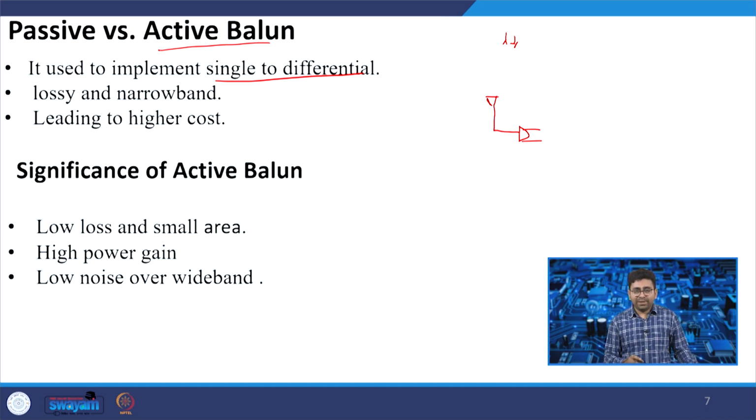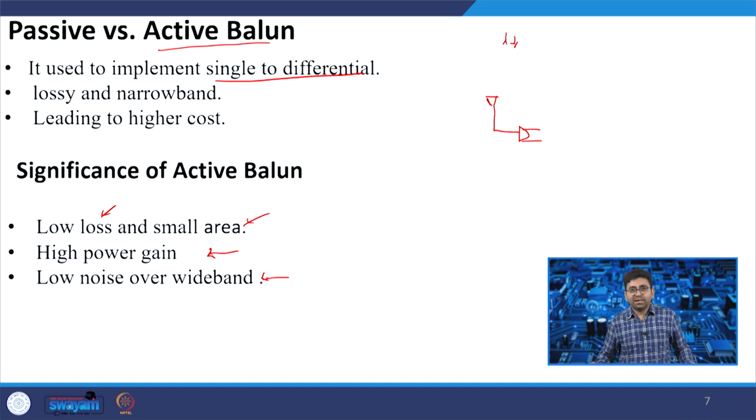So that is why an active balun, converting a single ended to a differential signal, is also important. The active balun is low loss, it only requires two transistors, it will provide high power gain, and it will have low noise over the wideband.